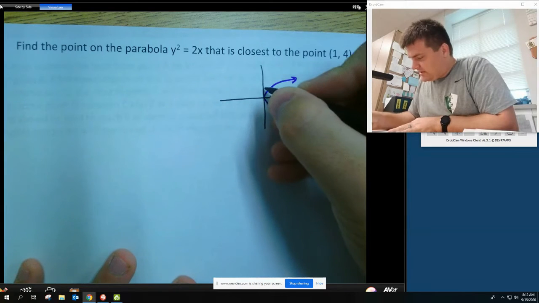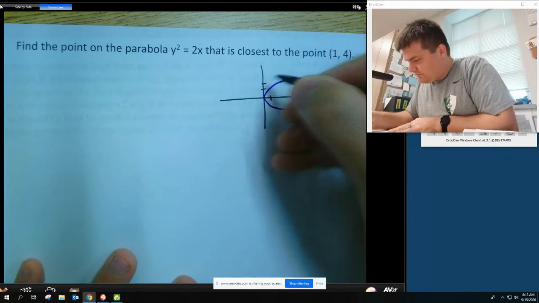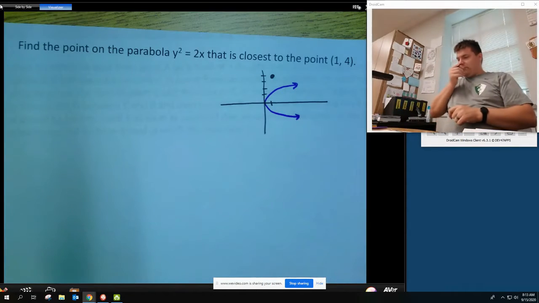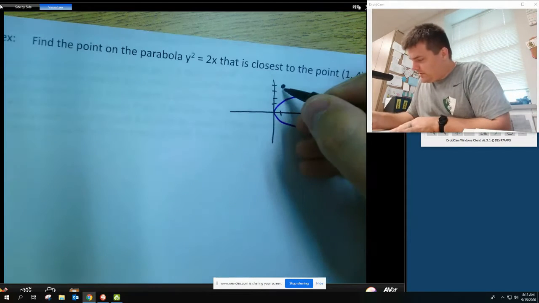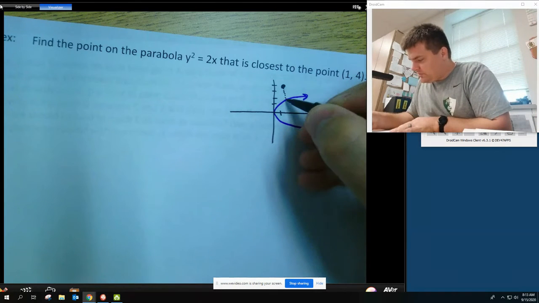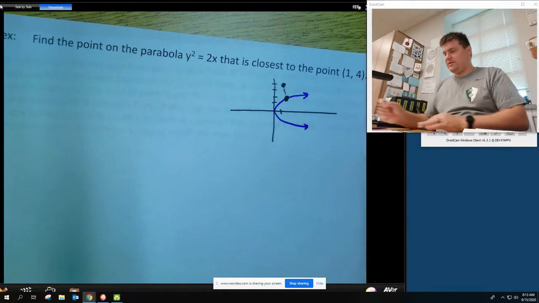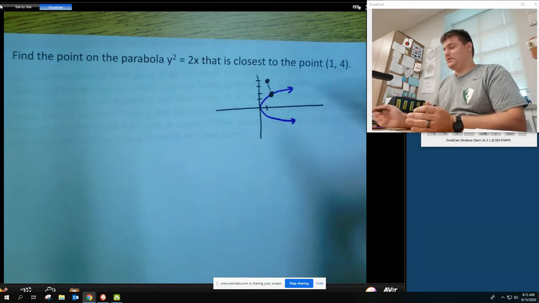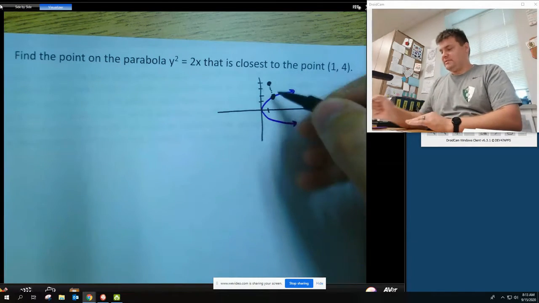So again, this is not the most perfect picture in the world, but here's the point 1, 4. And what I want to do is find some point on the parabola that is closest to that point. So whatever that point is right there. I don't know. So don't look at the graph and just say what you think the answer is. This is just kind of helping us out.